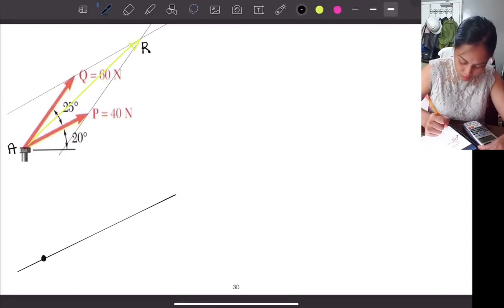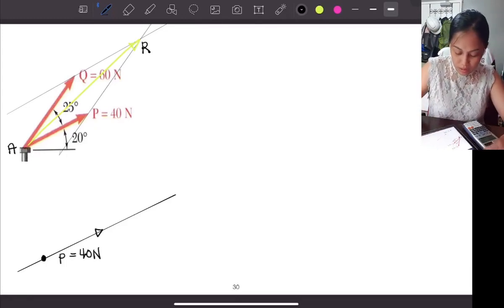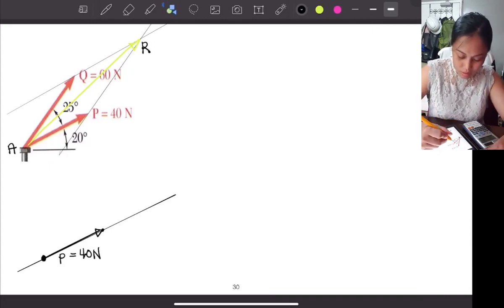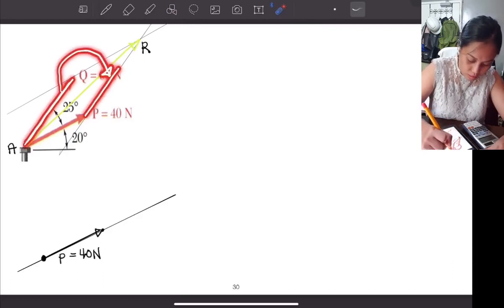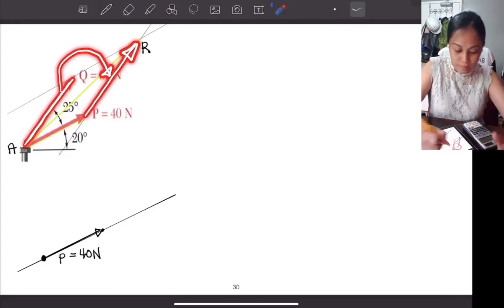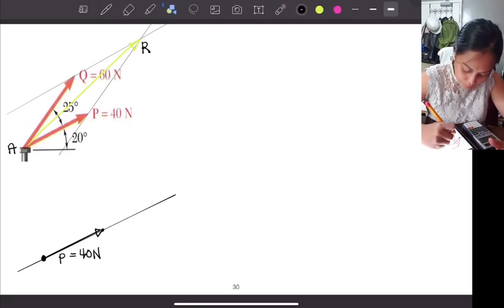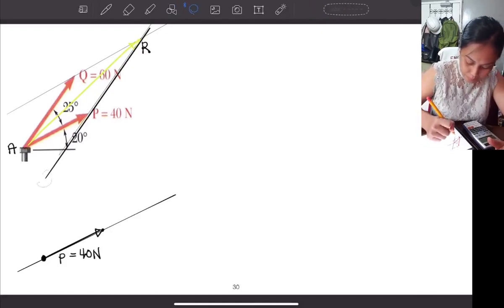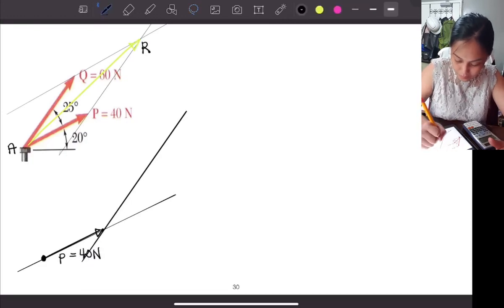From point A, we have a force of 40 newtons, which is force P. From the tip of force P, we then draw force Q. This force Q is equivalent to this side, so this is also force Q. We attach it.